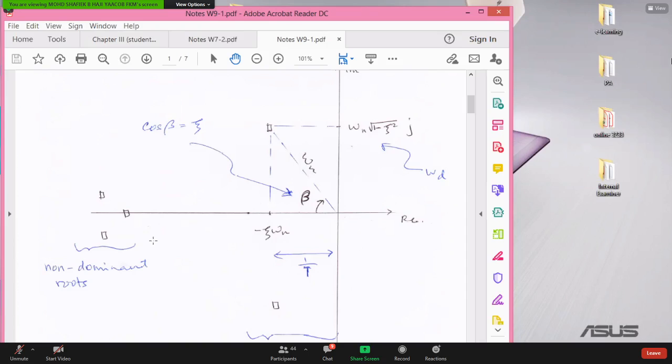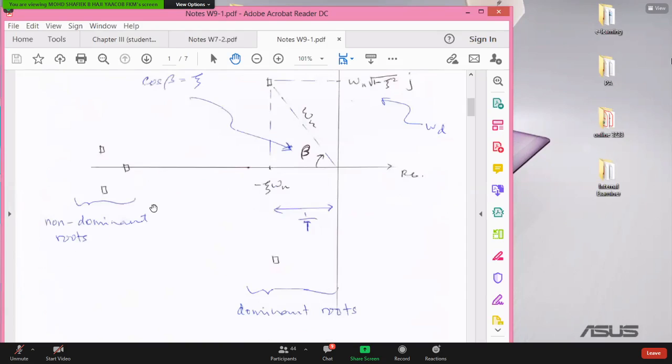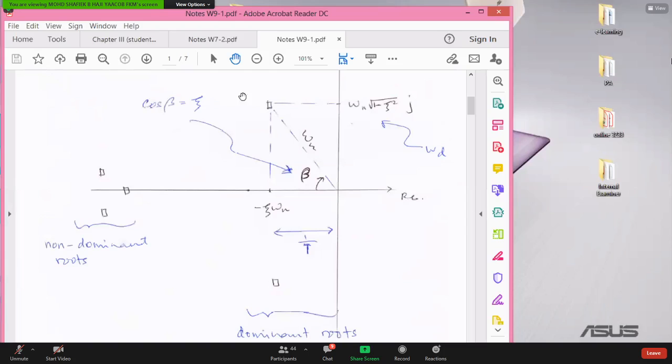So we are going to estimate the behavior of the system just based on the dominant roots. Now, for example, we have a fifth order system. You have these 5 roots, 1, 2, 3 on the far right. So the dominant roots are the roots closer to the imaginary axis.